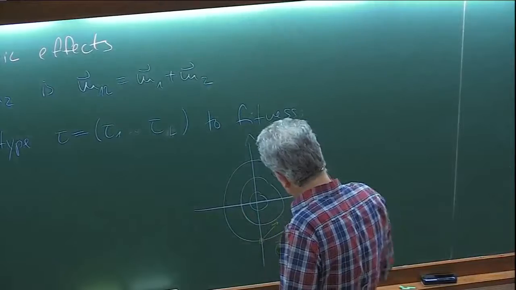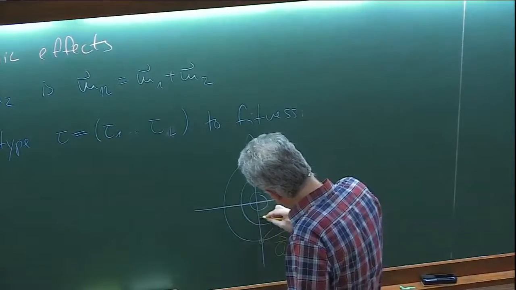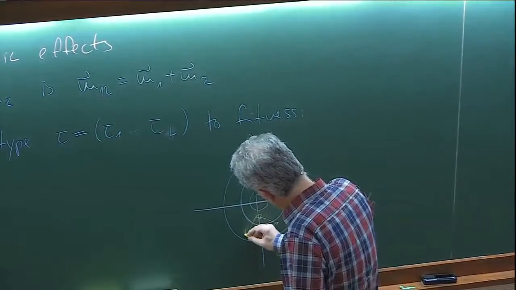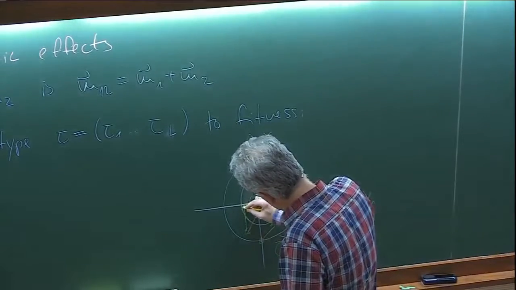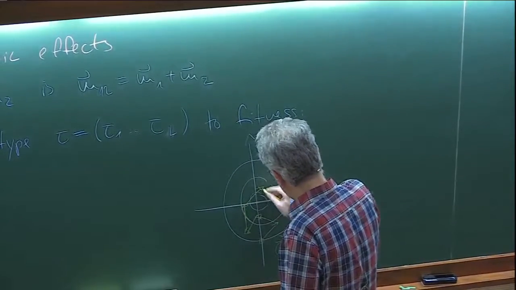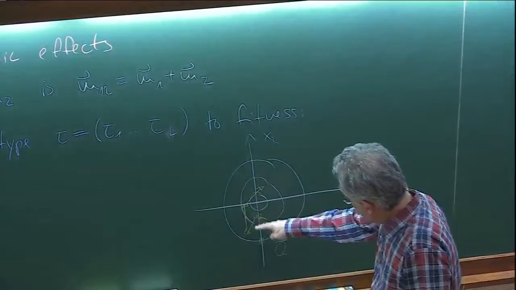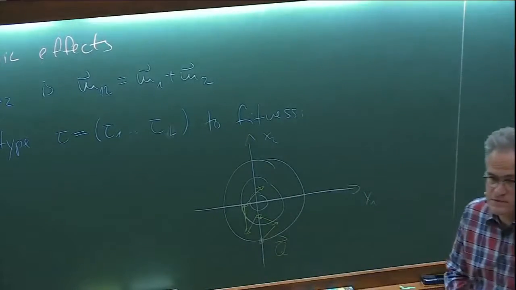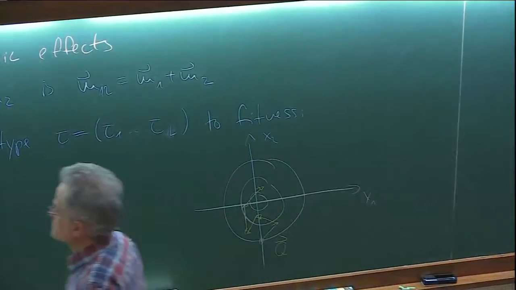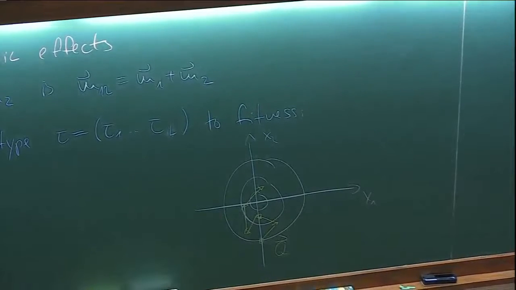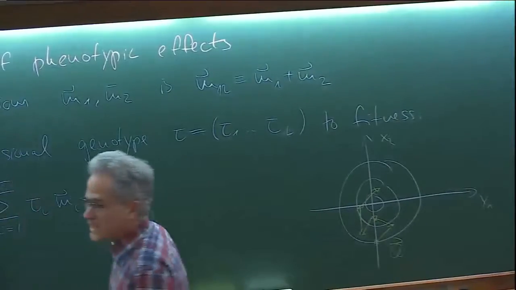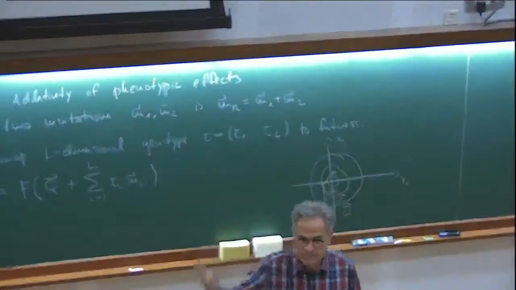Okay, so this is my first mutation, then I add a second one, and a third one, and so on, right? So these mutations now form a kind of path in this phenotypic space, and which mutations are present is determined by the tau. So the argument of this function is Q plus a sum from 1 to L of tau i times mi, where these mi's now are a fixed set of vectors, right?